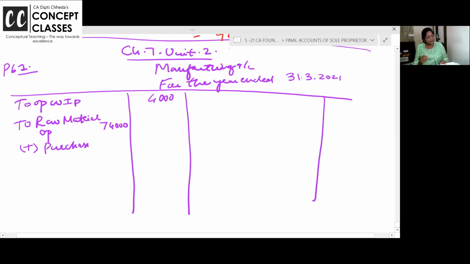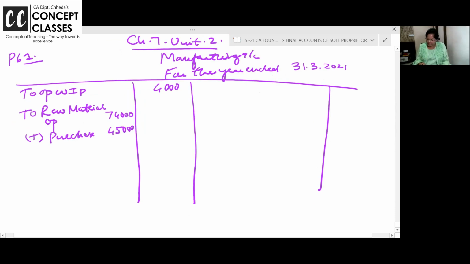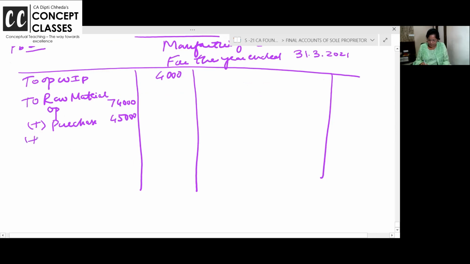Raw material 74,000. More raw material is purchased, 45,000. Plus you have carriage inward. Plus we have freight inward.